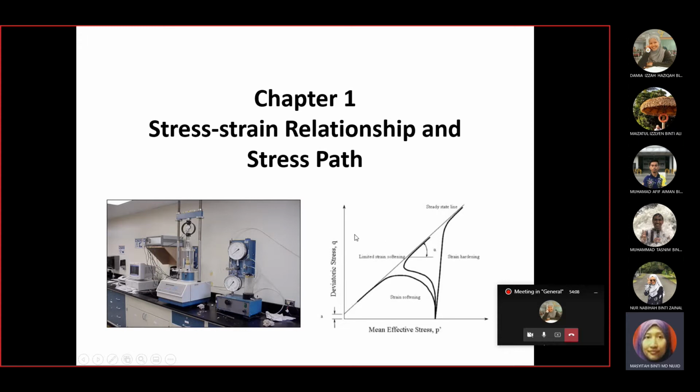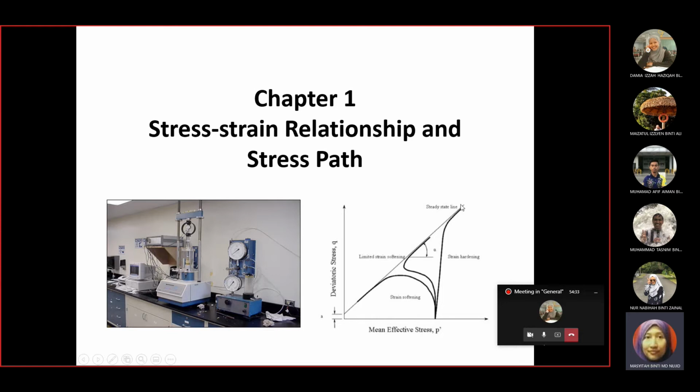So remember sigma 1 is the axial stress, yang mana daya tu you kenakan dalam arah vertical. And then sigma 3 is the confining stress. Daya tu you kenakan, bukan daya, kita panggil dia tegasan. Tegasan tu you kenakan dalam arah sisi, confining, dalam keadaan horizontal, for example.